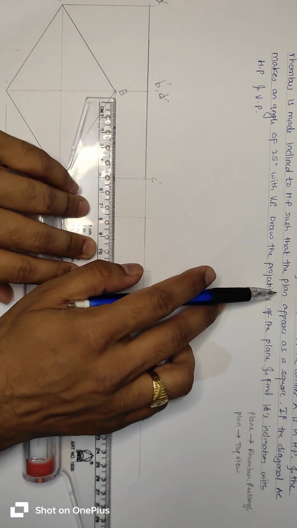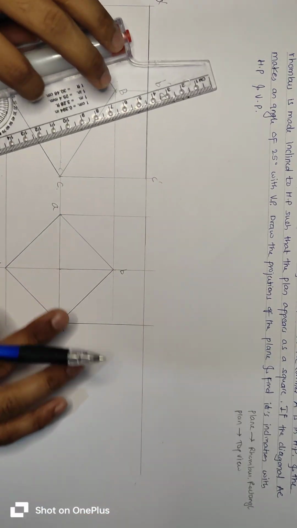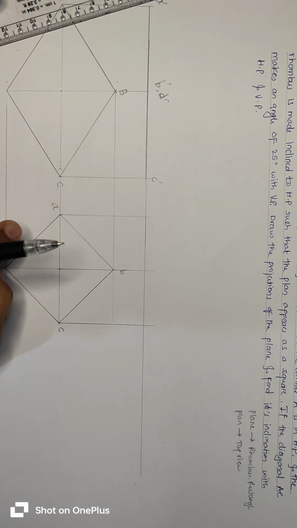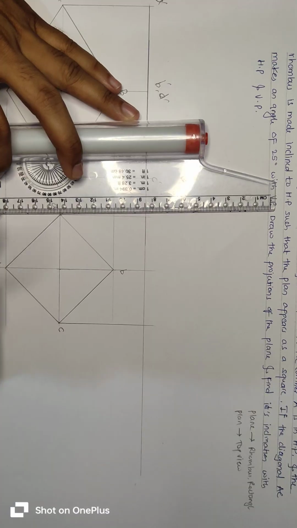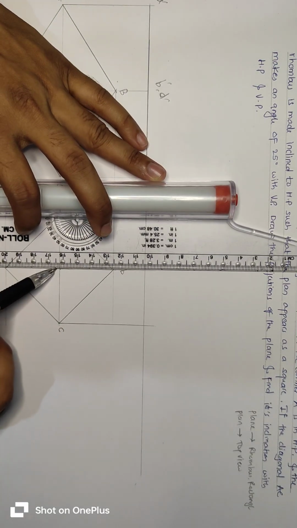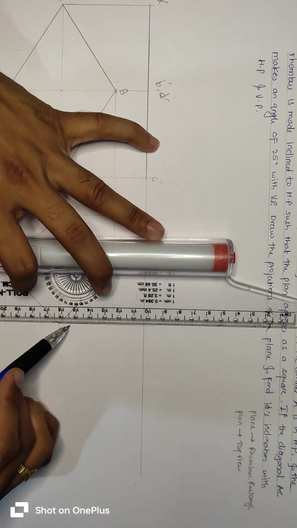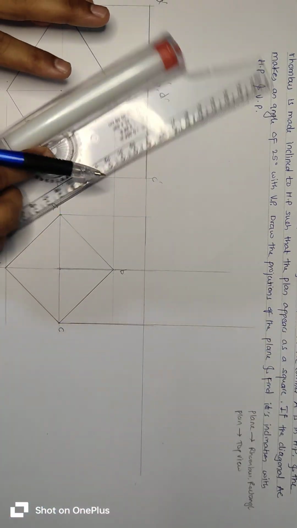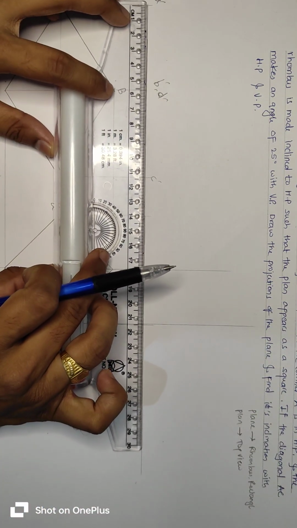Now the plan appears as a square. It means that the rhombus is inclined, the diagonal is inclined, the rhombus along with the diagonal is inclined. So we will take projection of these points in front view area, but the diagonal AC remains the same.